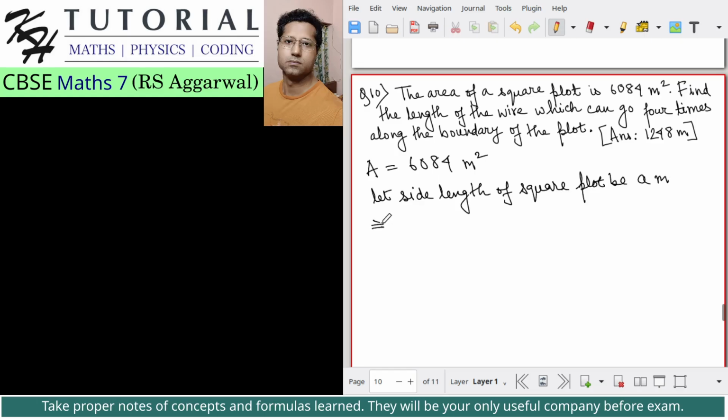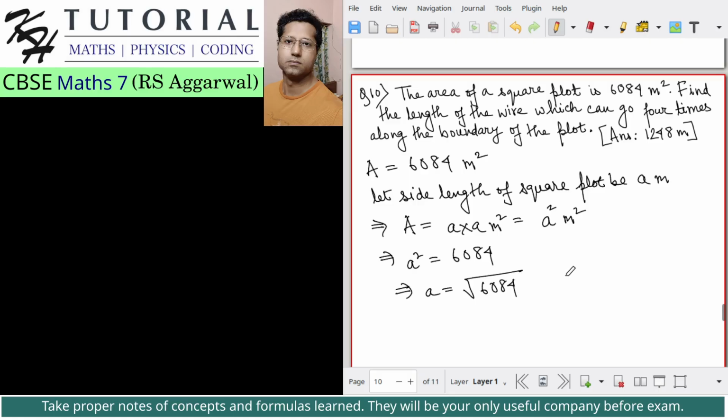So this implies that area will be equal to a multiplied by a meter square, that is a square meter square. So we must have a square equal to 6084. From the area of a square, you must be familiar that the length of the side will be the square root of the area of the square. Square root of 6084.